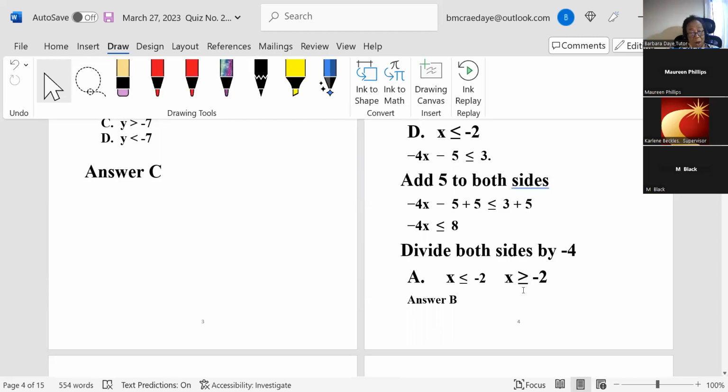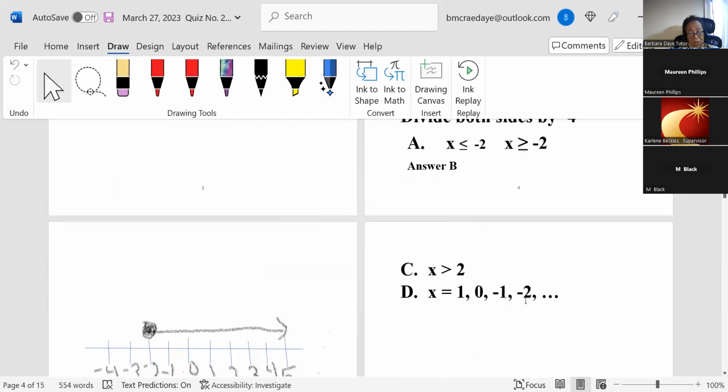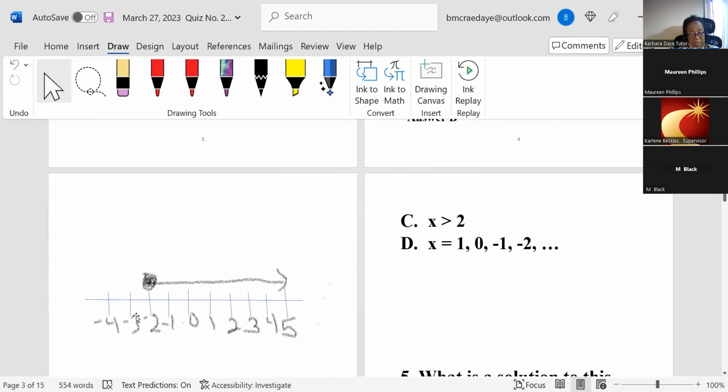The only time it's open is if it's just greater than or just less than. If you see it shaded, you know it has to be greater than or equal or less than or equal, because shaded includes the number on the number line. So greater than or equal includes the -2 because we said greater than or equal to -2.